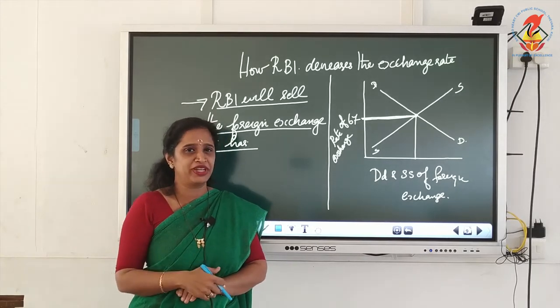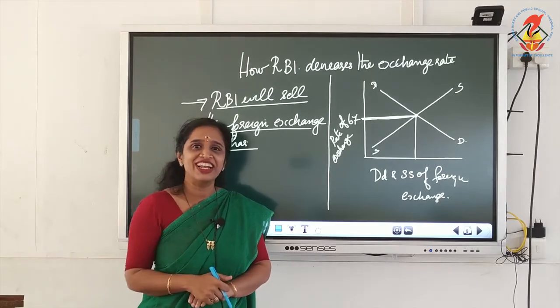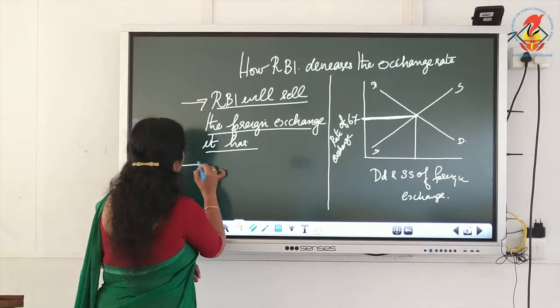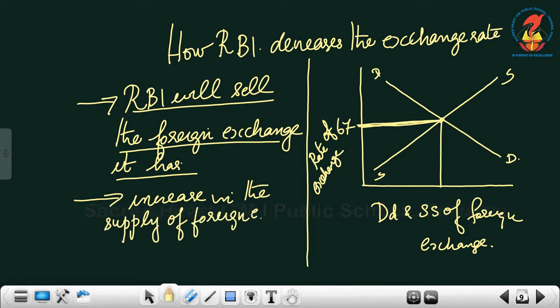So what will happen? If it sells more and more, definitely supply will increase. Increase in the supply of foreign exchange. So supply of foreign exchange will increase.